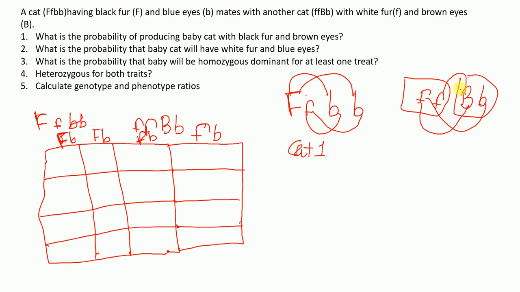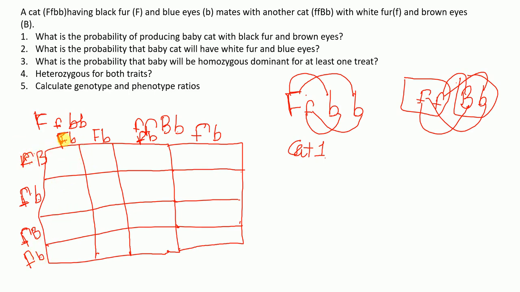So basically, small f, capital B, small f, small b, and small f, capital B, and small f, small b.